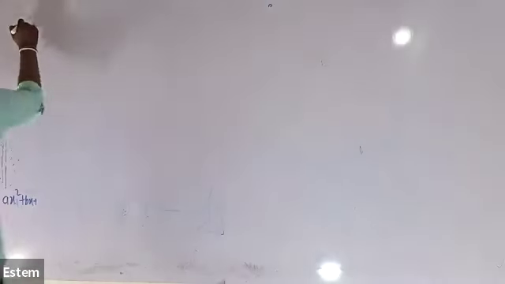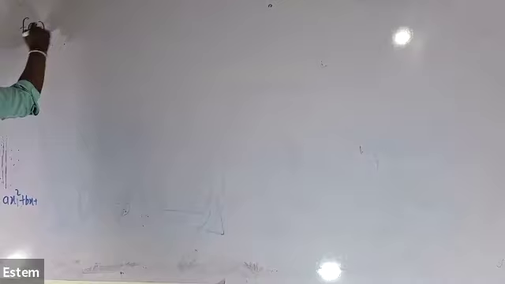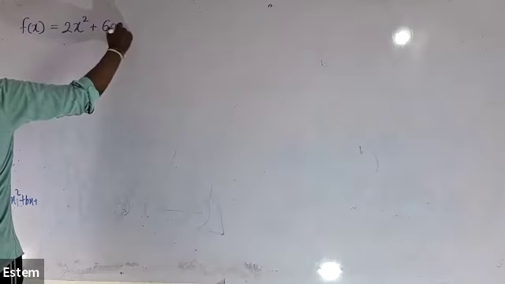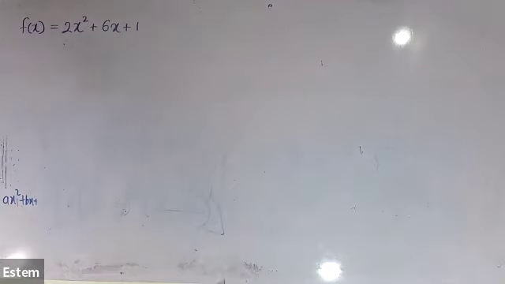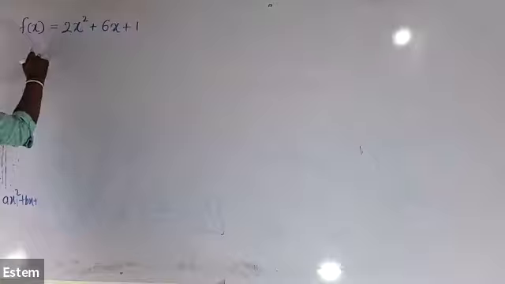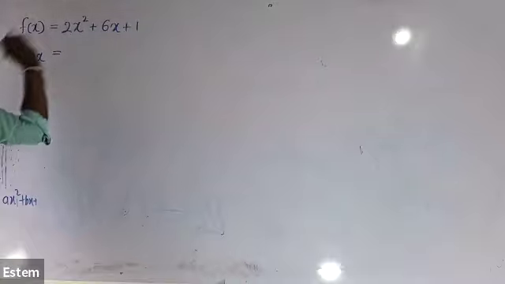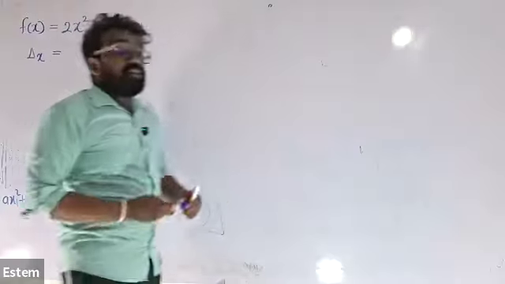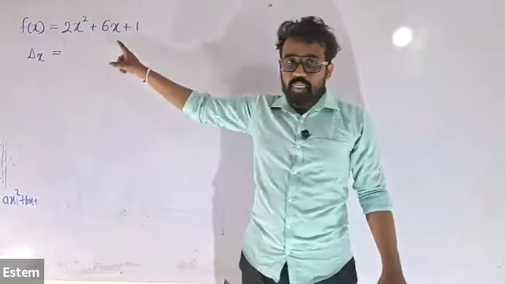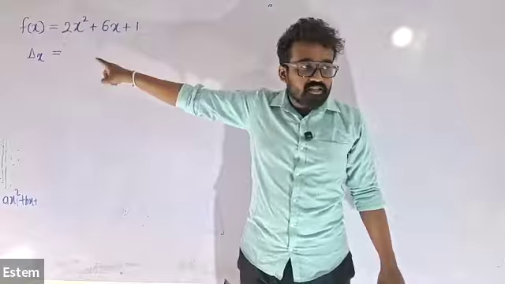See, f(x) equals 2x squared plus 6x plus 1. First, you should find the discriminant. After that, we can apply the completing square method. Please do this fast and find the discriminant.